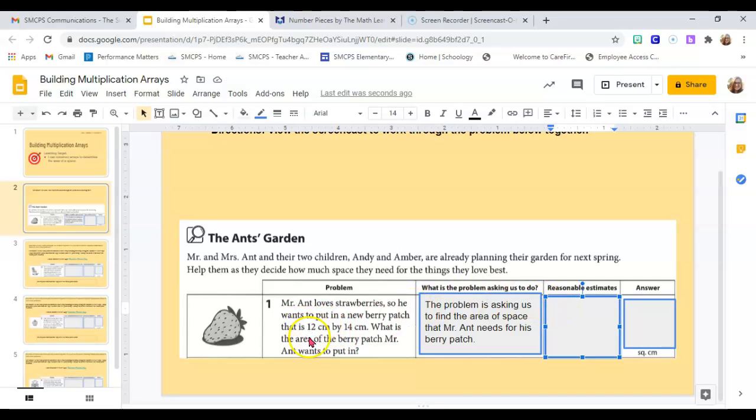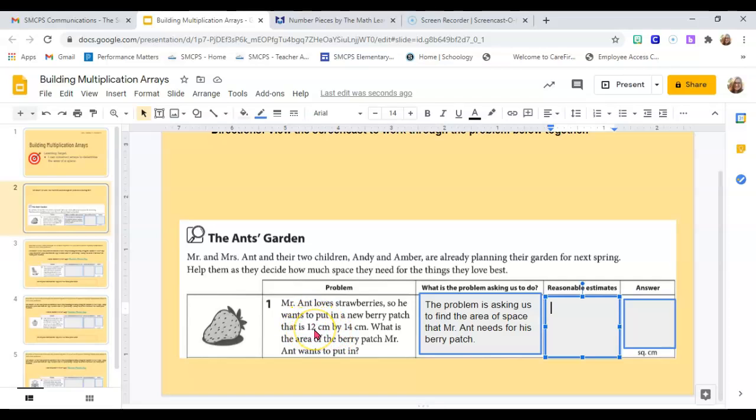I can round each of these numbers to the nearest ten, so I can either round up or I can round down. Remember, if the number in the ones place is 5 or higher, then you're going to round up. If it is lower than 5, you're going to round down. So I can round 12.